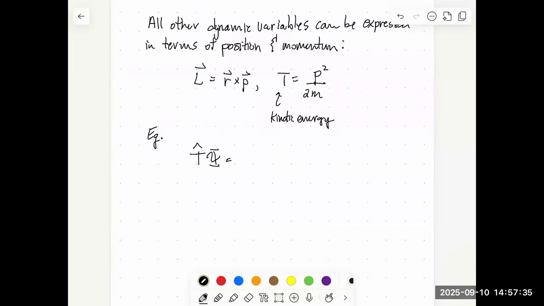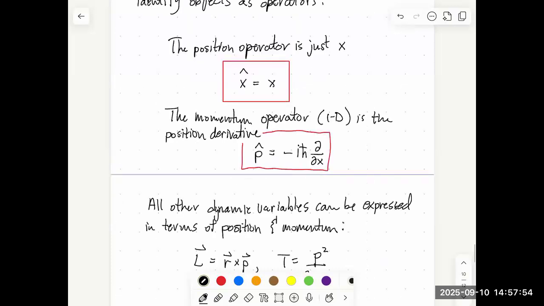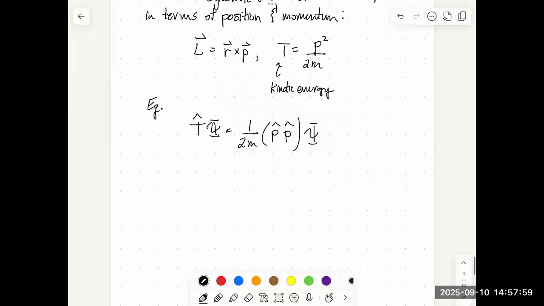Well, that's going to be 1 over 2m, and then we have to have the momentum operator twice. And so then that's going to act on our wave function. So I'm just going to substitute in our momentum operator. I'm just going to write down minus i h bar d by dx twice. So it's equal to 1 over 2m, minus i h bar d by dx, minus i h bar d by dx, acting on our wave function.